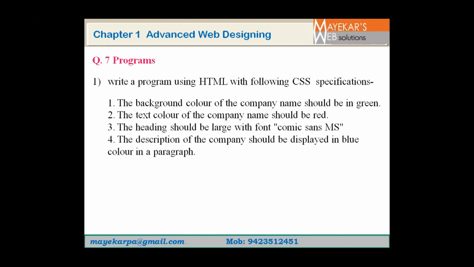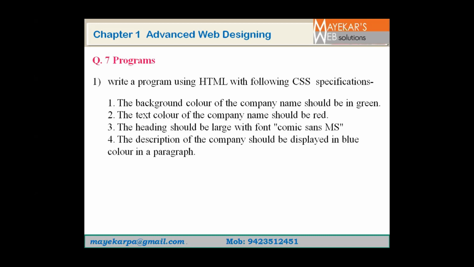The third specification says that the heading should be large with the font Comic Sans MS. Means the name of the company should be displayed with heading style, means with the heading tags, and the font of that text should be Comic Sans MS. A particular font name is given here.